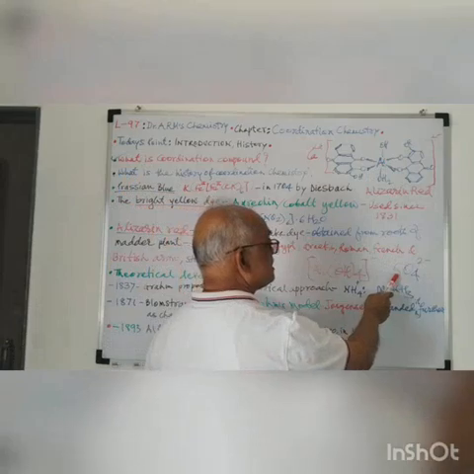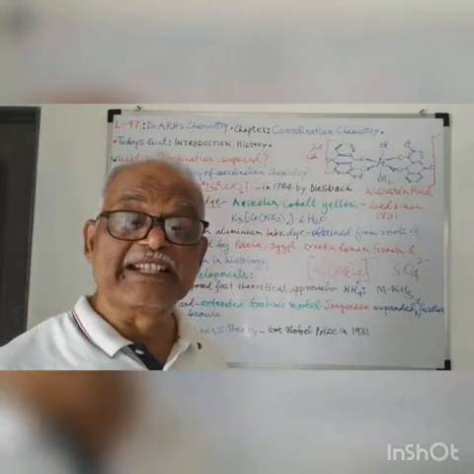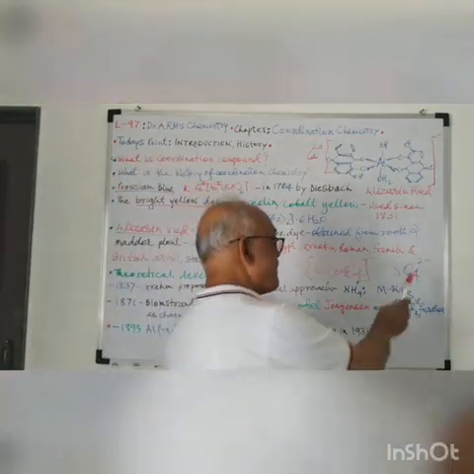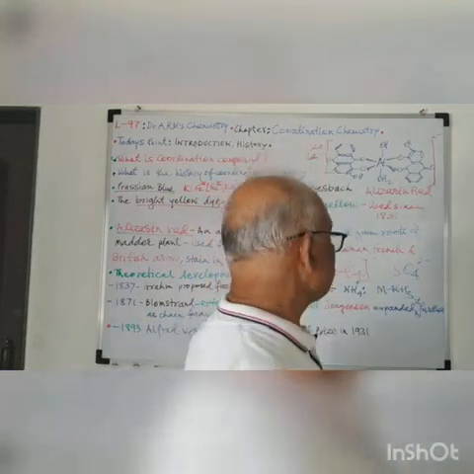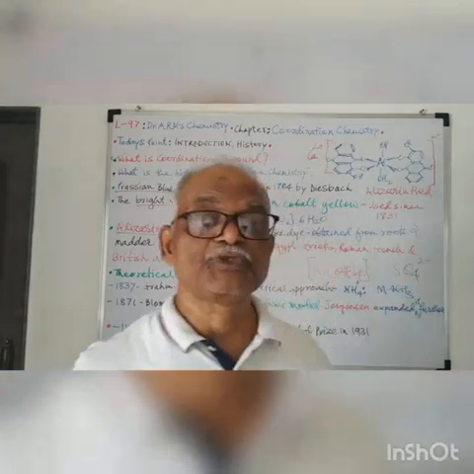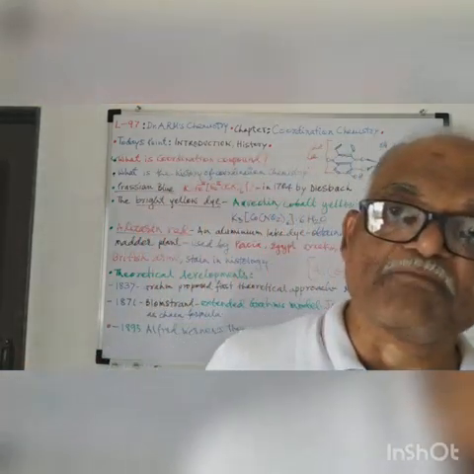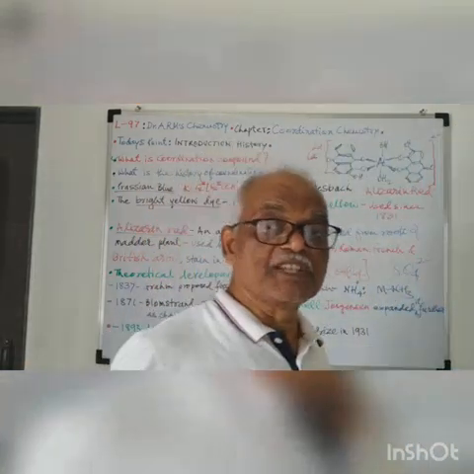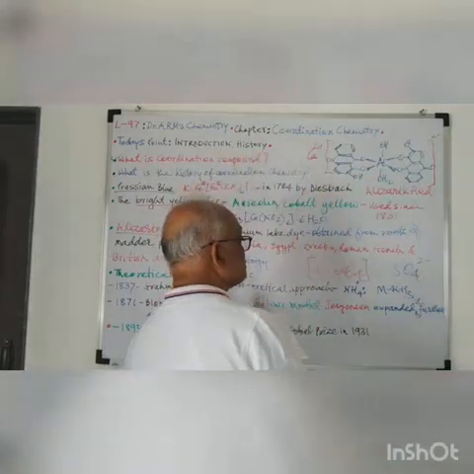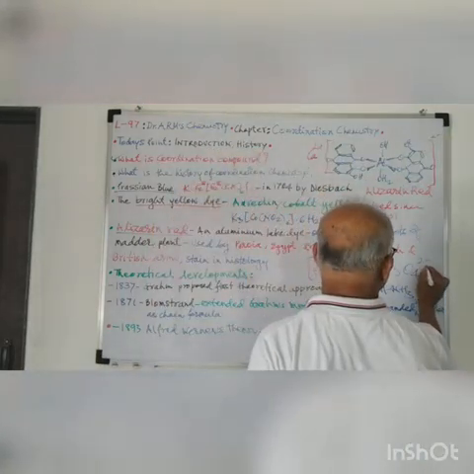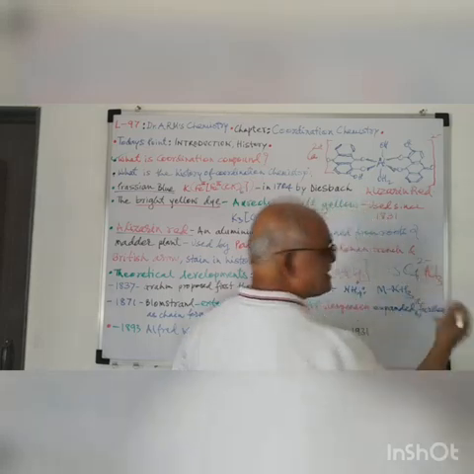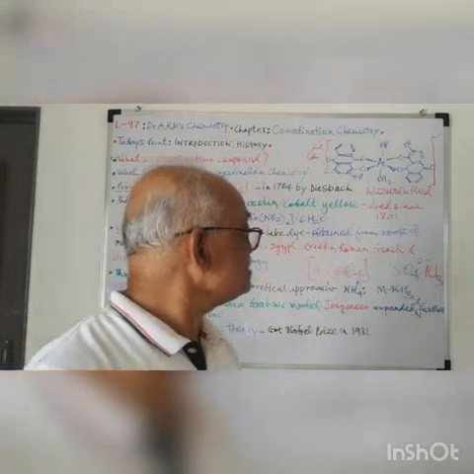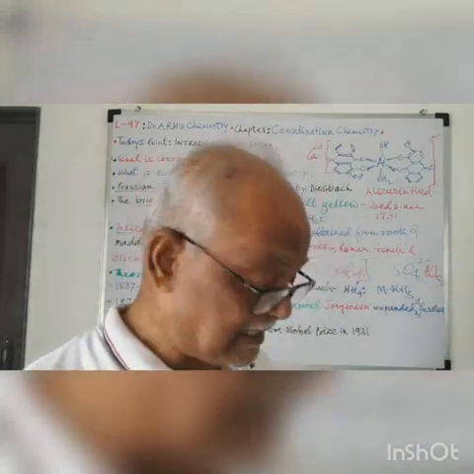But here sulfur is at the center, which is not metal. So this is a non-metal main group element and it is surrounded by oxygen. So this is not a coordination compound. In this way we can have other examples such as PCl3, PCl5 or sulfur dioxide, etc.